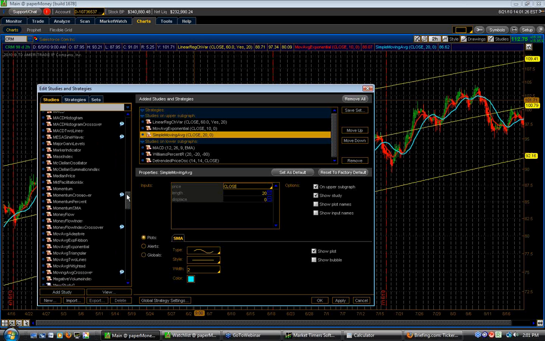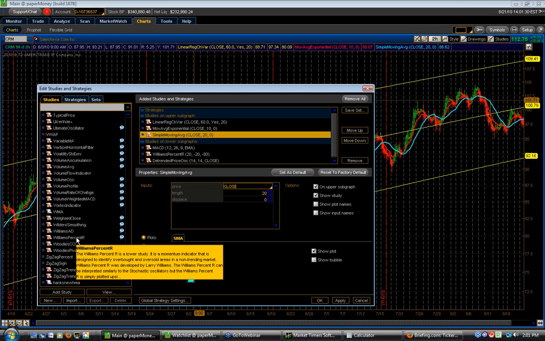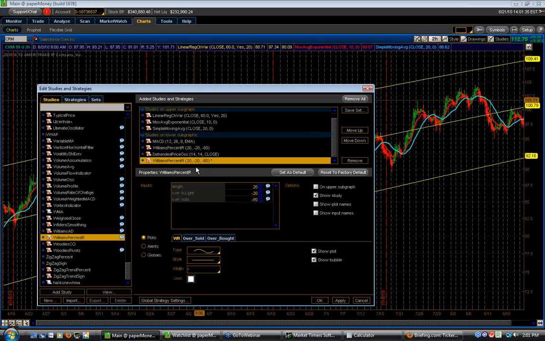The Williams %R is all the way down with the W's right here. When you defaultly click on this, folks, I've got it already set to open up at 20. That's not going to be the length when it defaultly opens up. I think it's a 30 length, so change it to 20.